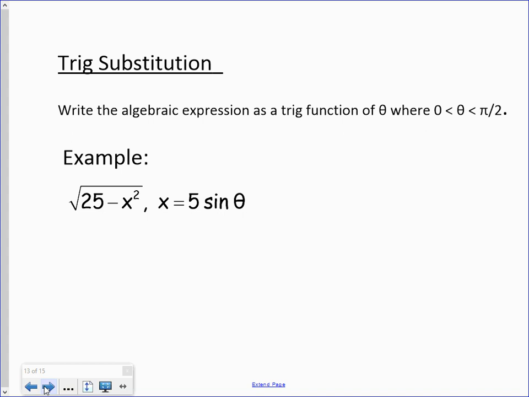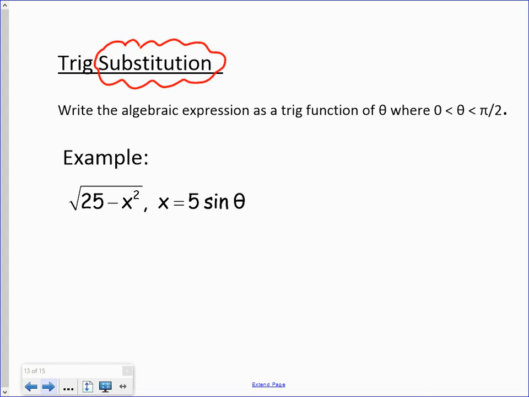The key word on these types of problems is substitution. So when you substitute, you're plugging something in, right? This is your algebraic expression. Plug in for x.